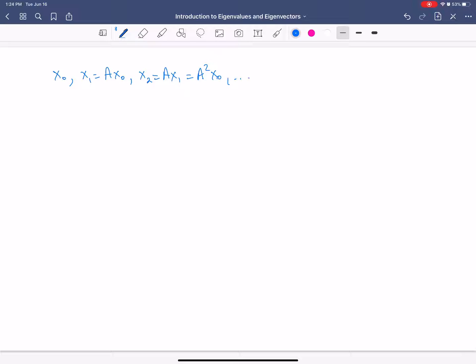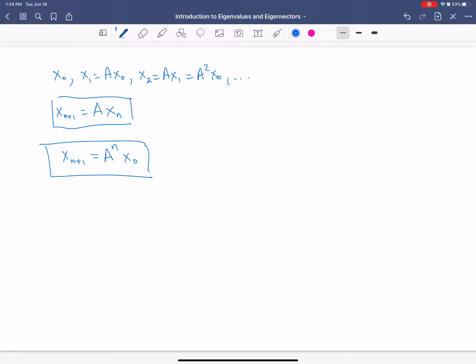Initial state x0 has changed into state x1, then into state x2, and so on. And we see that the n plus first state is obtained from the previous state by a transformation using A. Now, if we always have this rule, it turns out that x_{n+1} is actually A to the n applied to the vector x0.